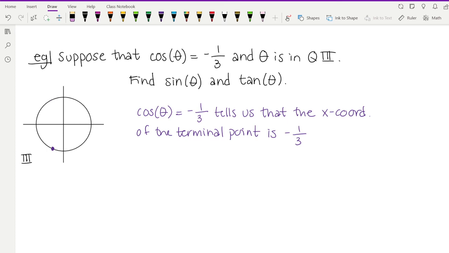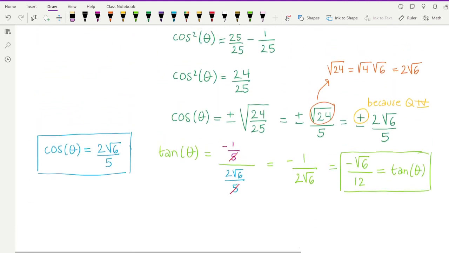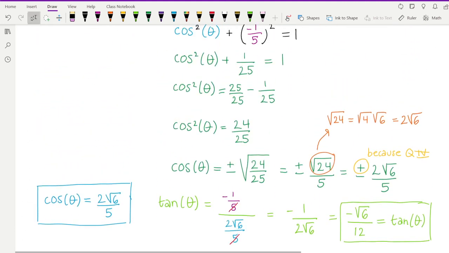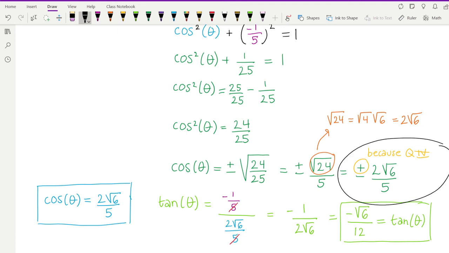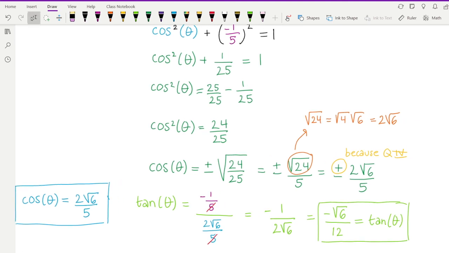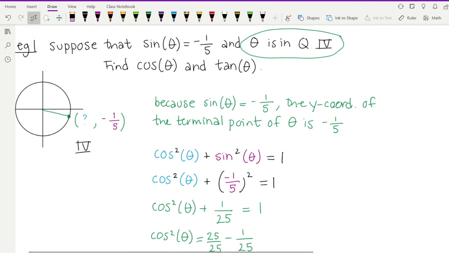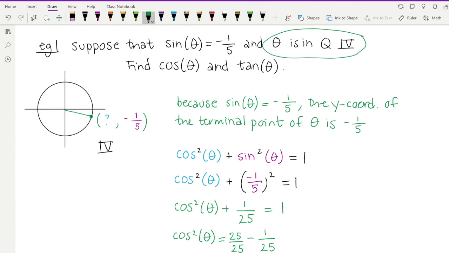And actually, let me just say one thing. I forgot to mention this on the last problem. I just want to quickly go back. At the point when we decided whether it was plus or minus, if the answer had been the negative, that would correspond to the other possible point we drew at the beginning. At the very beginning of this problem, we had two different possibilities: theta had its terminal point there or there.